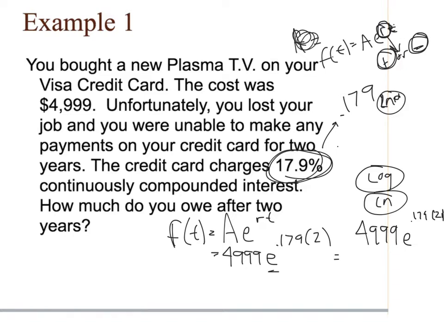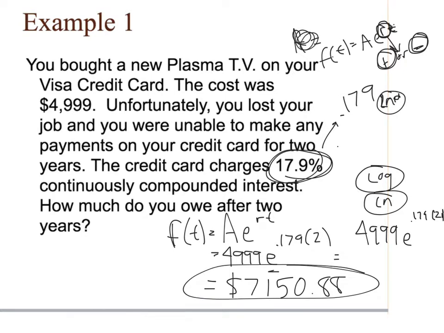What you get is your final answer, and that would be $7,150.88. As you can see, after 2 years, you have accrued a lot of interest that you will have to pay off for your credit card.